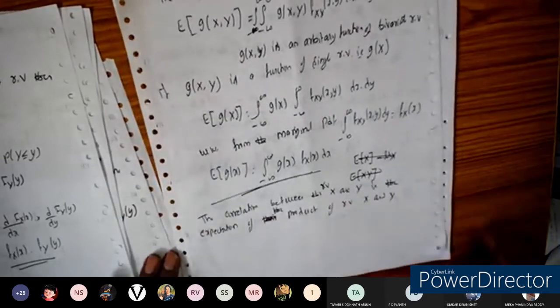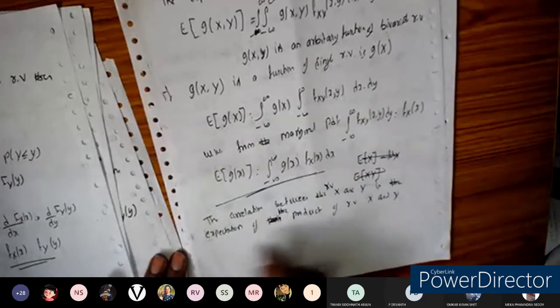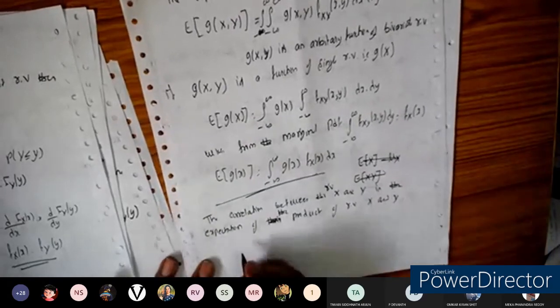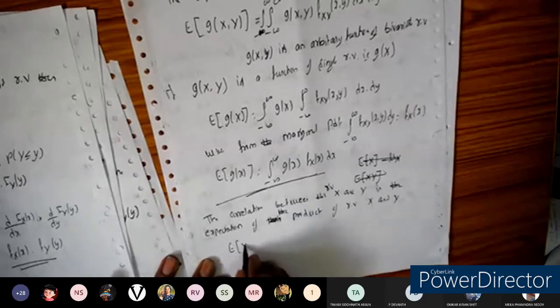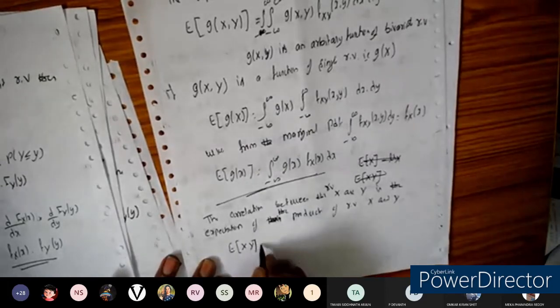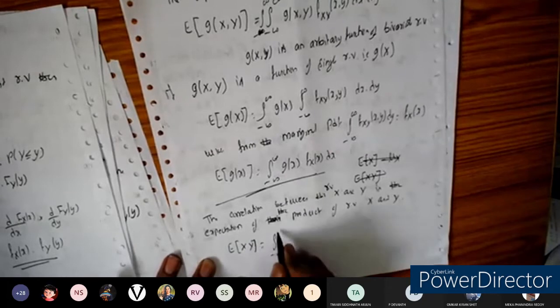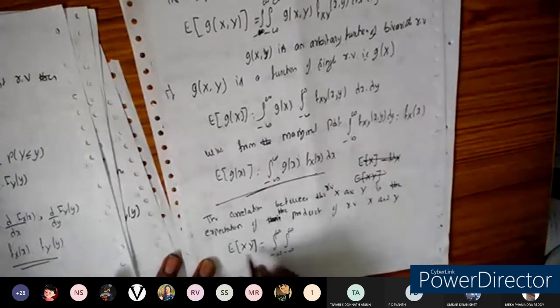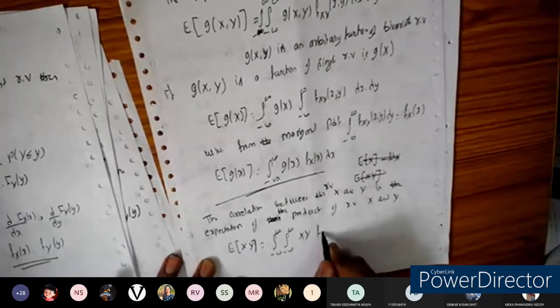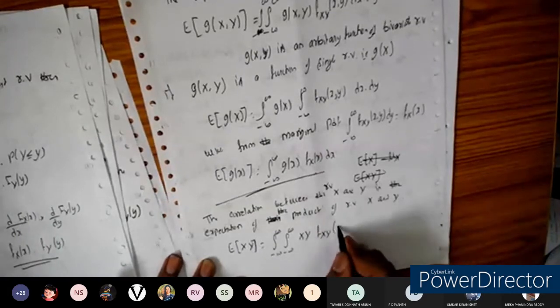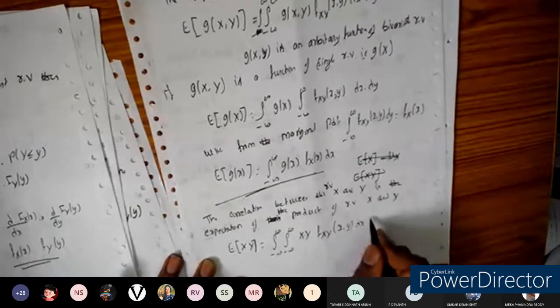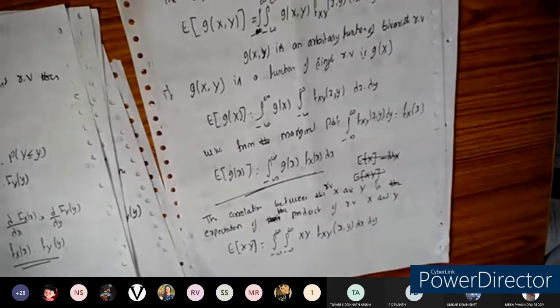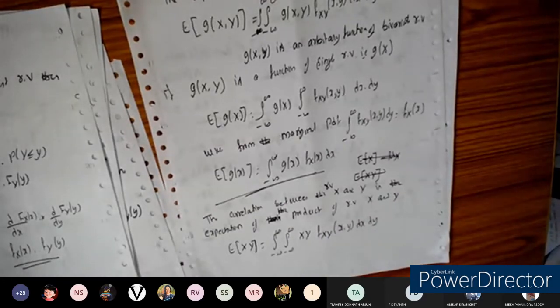This is a better sentence, I guess. So you call this the expectation of x y. We know that the expectation of x y is the integral of x y times the joint or bivariate PDF, into dx into dy. This is called the correlation of the random variables x and y.